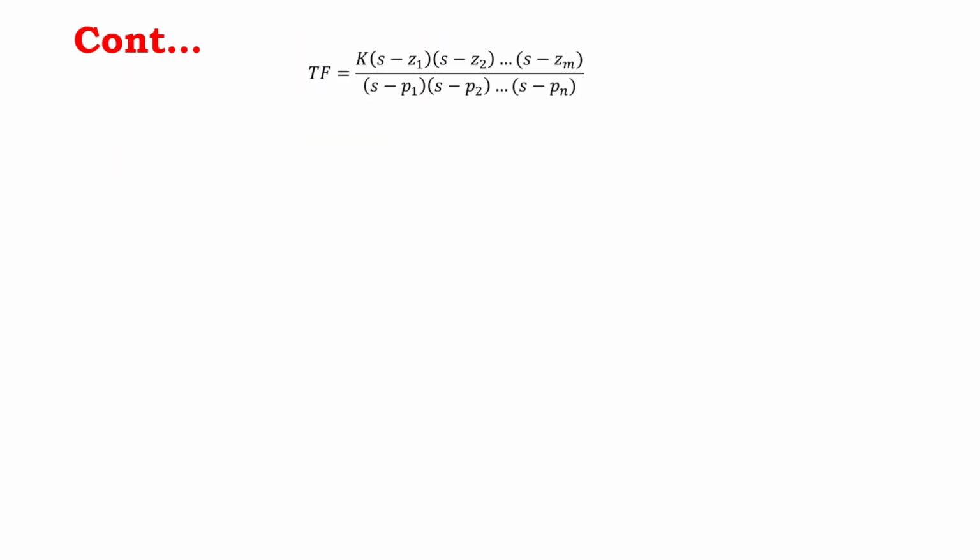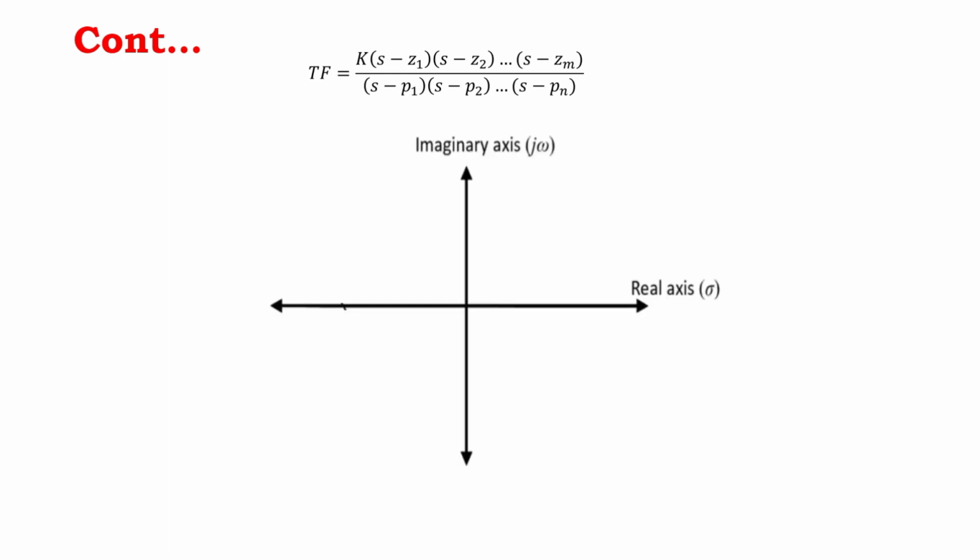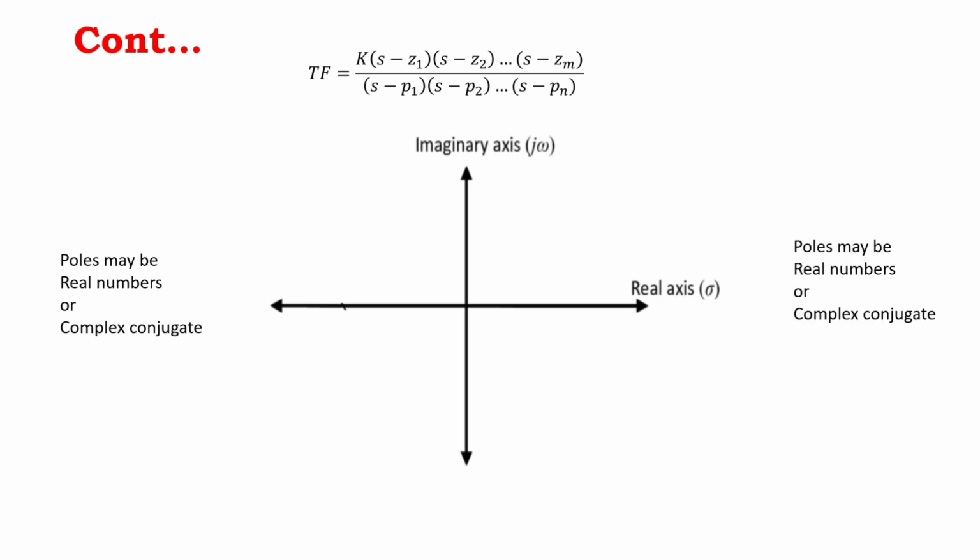Consider a transfer function and let us place its roots on the S-plane, which has an imaginary axis and a real axis. The roots may be real numbers or complex conjugates. What happens if these roots are on the left-hand side of the S-plane, or the right-hand side? Let us see.